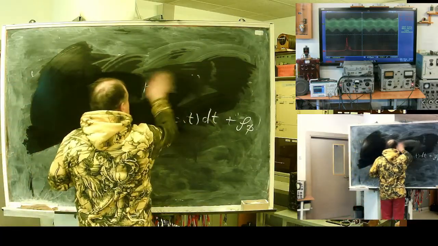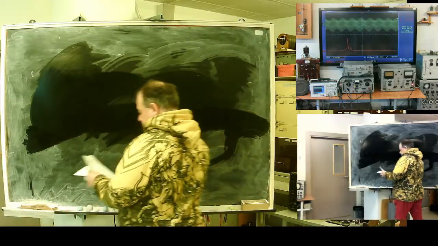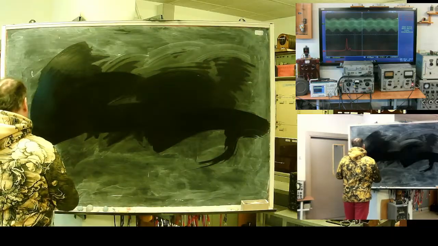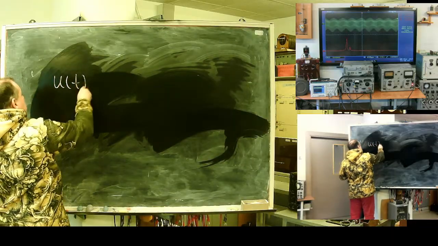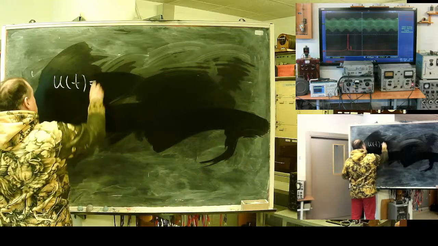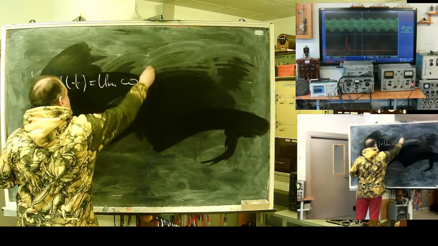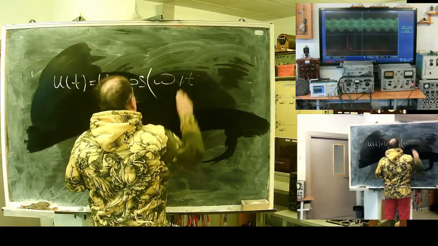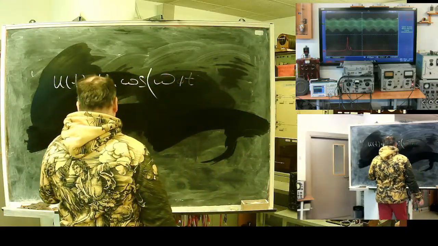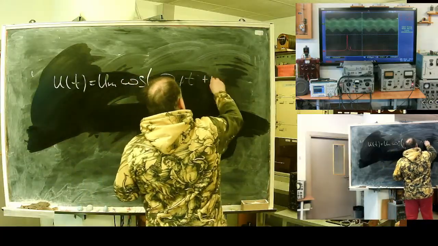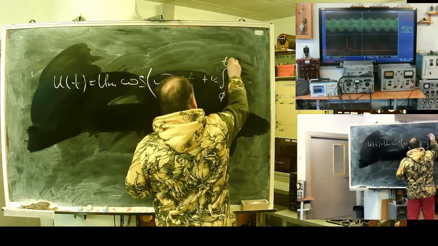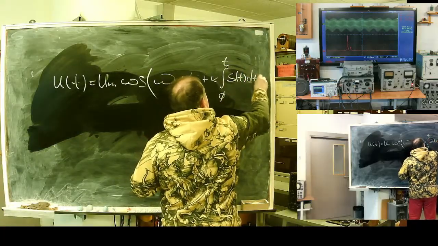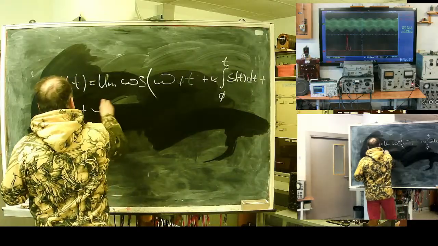I can write the equation for my frequency modulated signal as Umax cosine of omega 0 time plus the integral from 0 to time of this, plus phi 0.